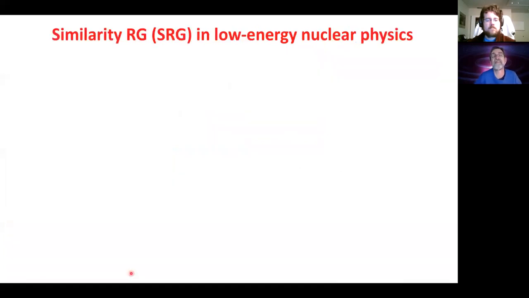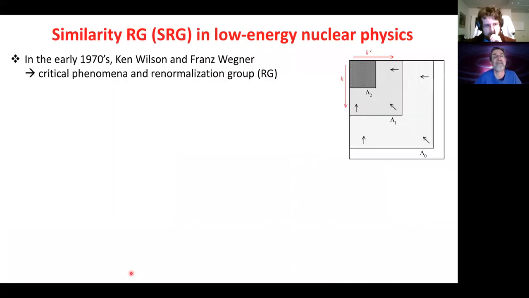So what does this have to do with low energy nuclear physics? Well, there was a third way of doing it that developed, which I had mentioned. Ken Wilson did his Nobel Prize work back in the 1970s.